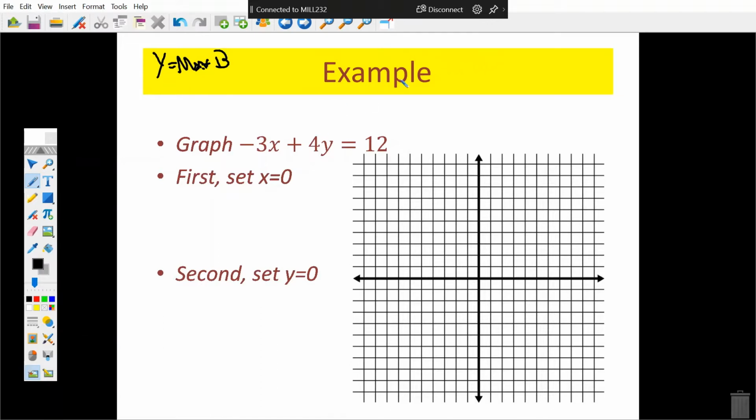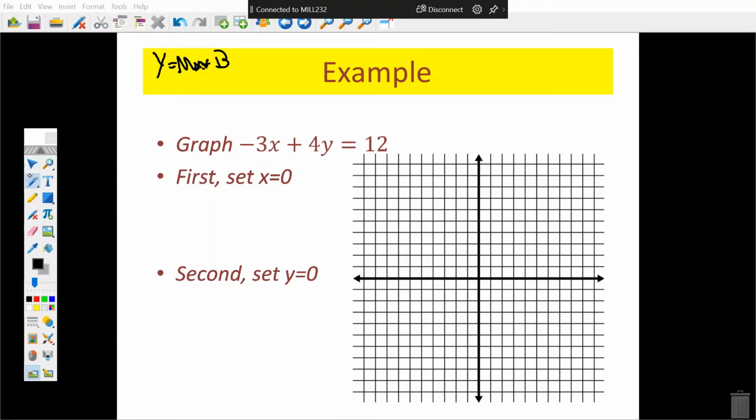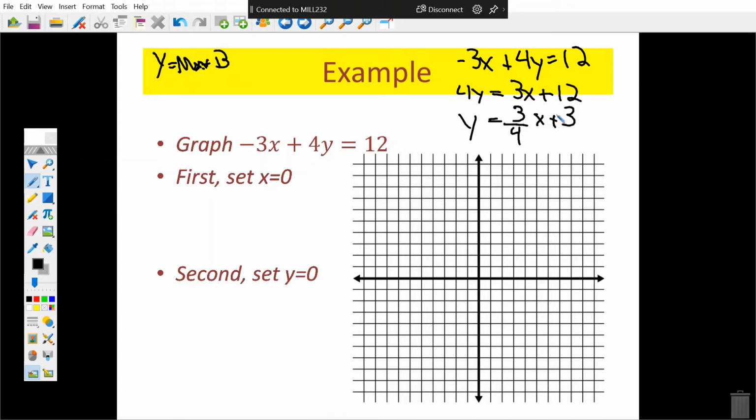So if this were my equation, negative 3x plus 4y equals 12, and I had to graph that, I'd add 3x to both sides, so I get 4y equals 3x plus 12. I divide both sides by 4. I get y equals 3 over 4 x plus 3. Okay?